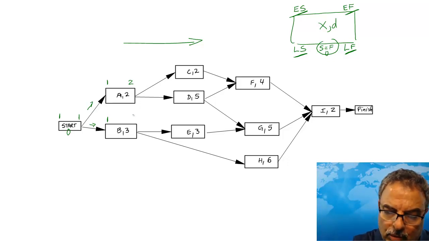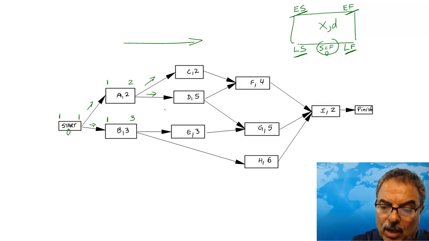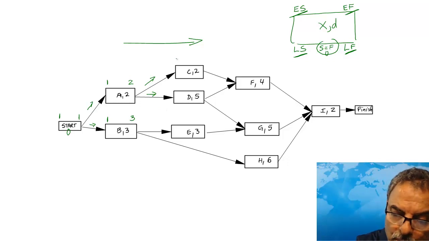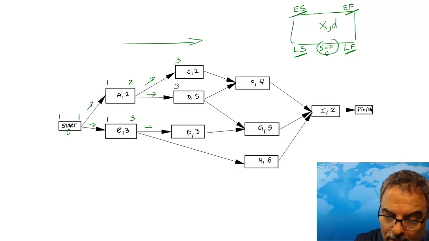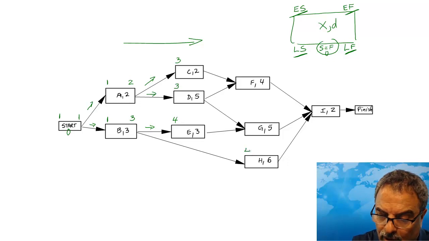On task B, we're done at the end of day 3. Going forward from A, that 2 goes to task C as well as task D. But the 2 is consumed now, it becomes day 3. So we can start here on day 3 and here on day 3. Same thing from task B, we go to E and H with that 3, but the 3 is consumed, so it becomes 4 here and 4 here.